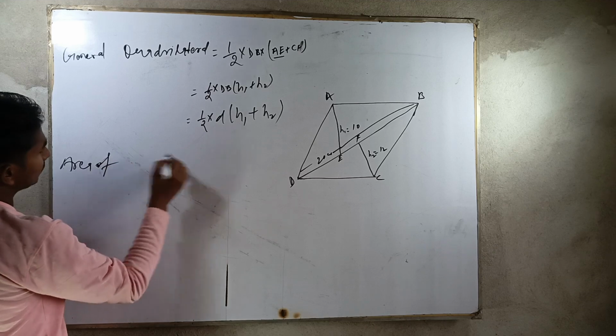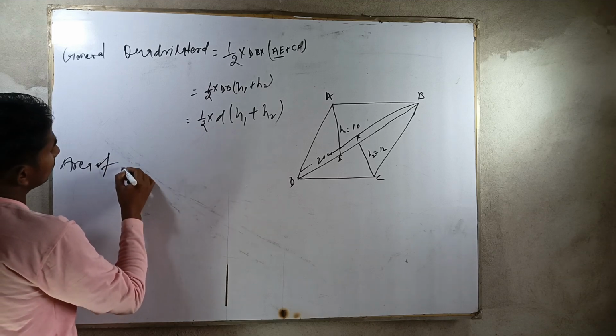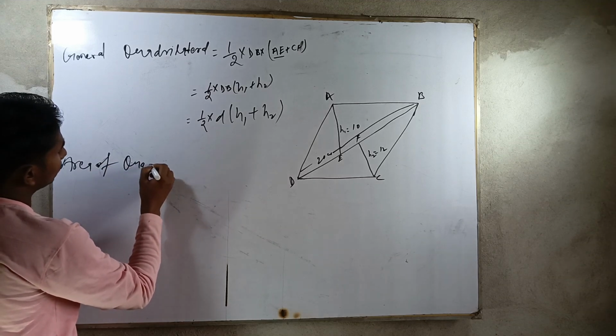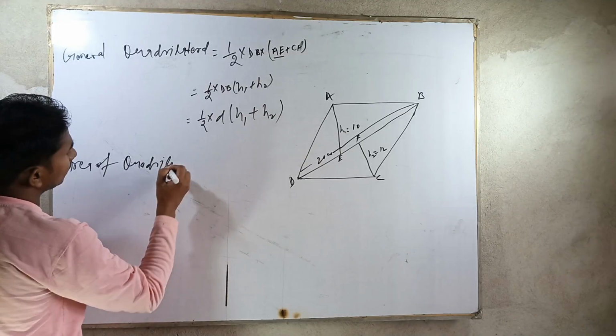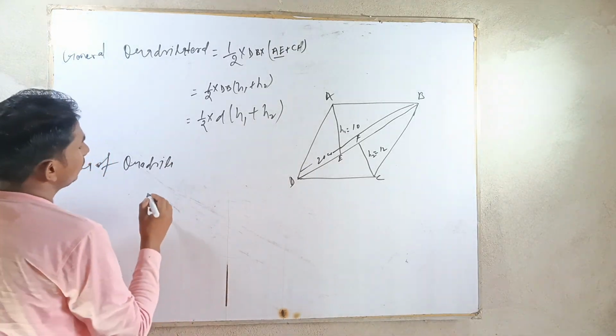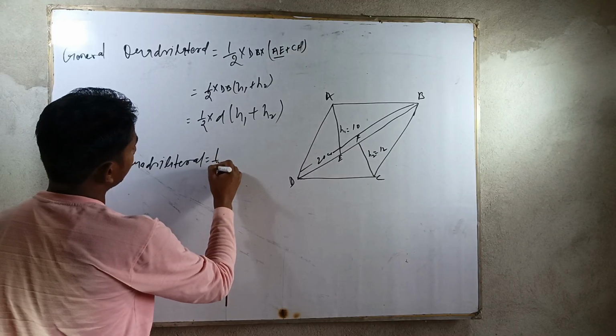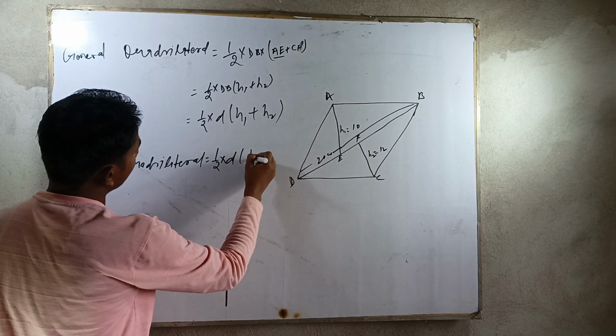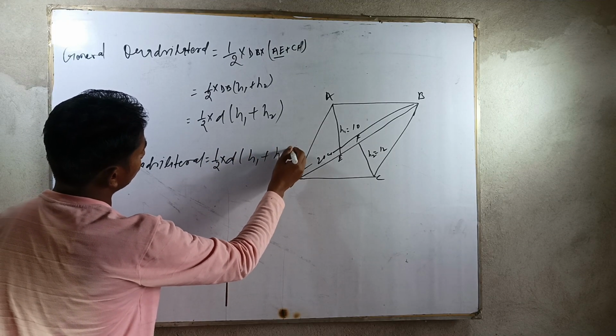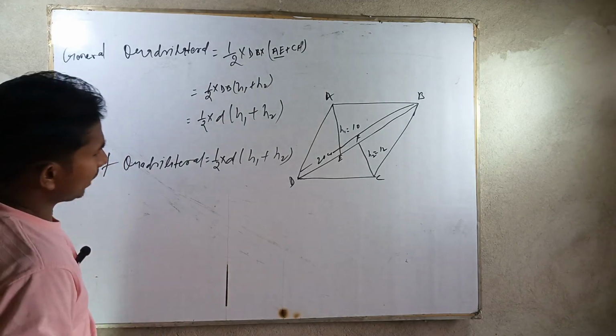Area of quadrilateral equals 1 by 2 into D into H1 plus H2.